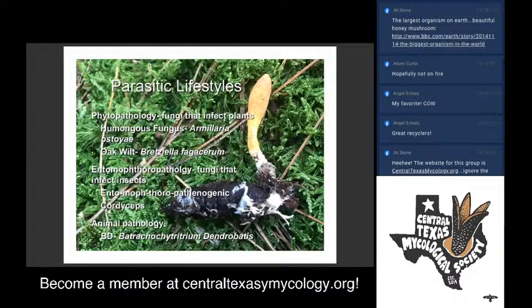One use for these fungi that I think can help us in the gardens, and something we need to be aware of when we're in our gardens, is these fungi that attack insects that we find as pests, like wasps, or potentially any other insects that are harming our vegetables or things that we are trying to protect in the garden, because we can use these fungi to deter the insects that we don't want.